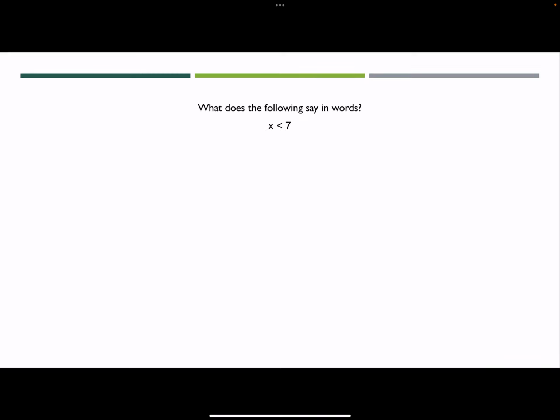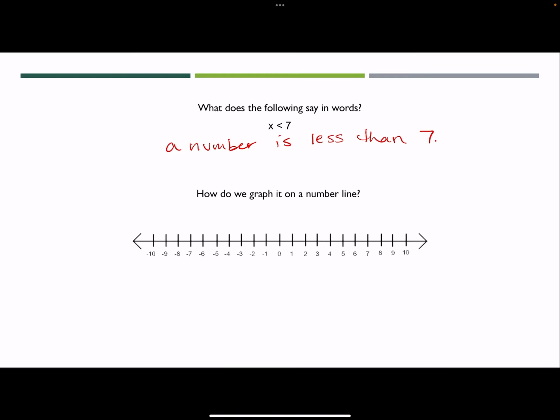All right, so what does this say in words? This says x is less than 7, or in other words, x is a number less than 7, right? So how do we graph it on the number line?